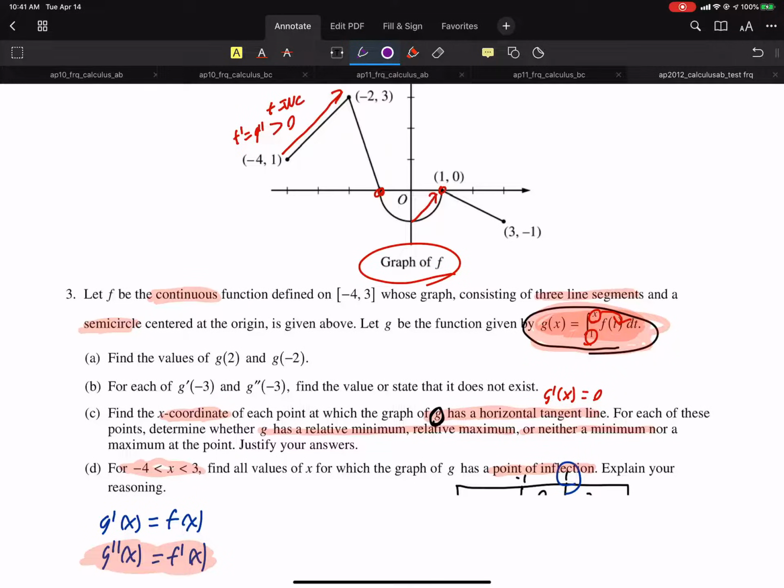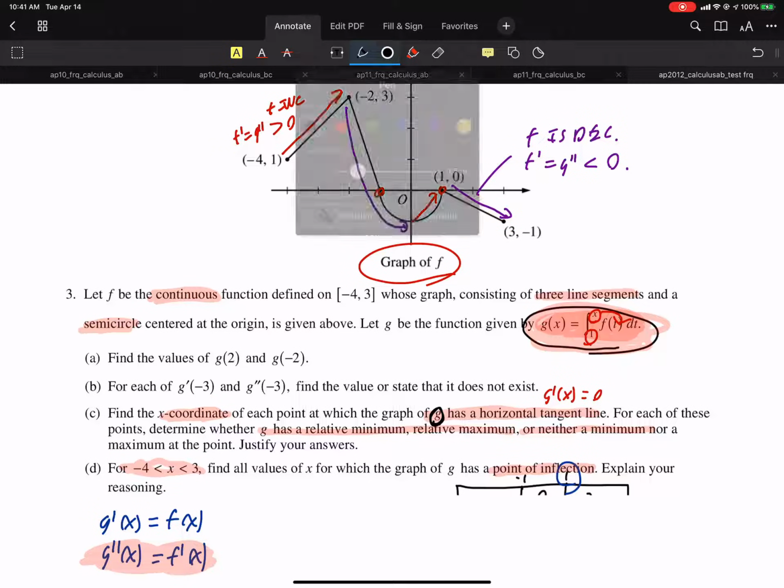Now let's look at this section from here to here and here to here. On those regions, f is decreasing. If f is decreasing, its derivative, which is the same as G double prime, is negative. We're going to write that out and get the sign of the second derivative.